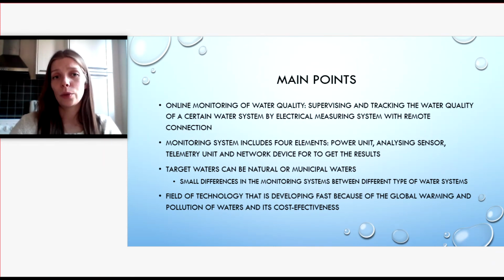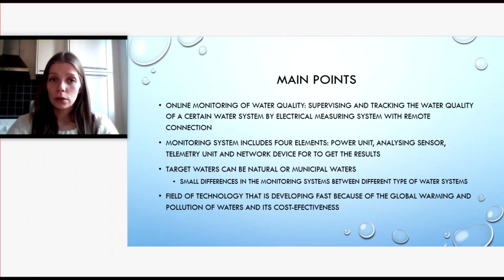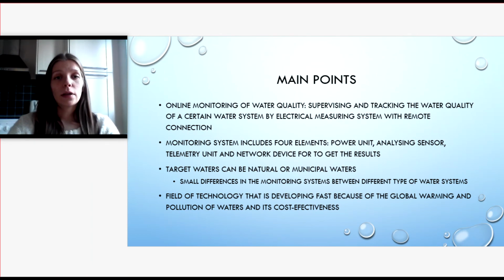Target waters can be natural or municipal waters. However, there are small differences in the monitoring systems between different types of water systems. And online monitoring is a field of technology that is developing fast because of global warming and pollution of waters, and because it is considered so cost effective.